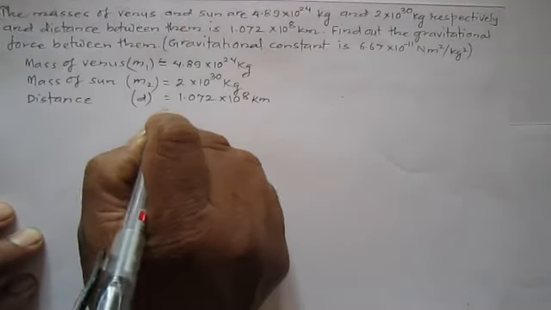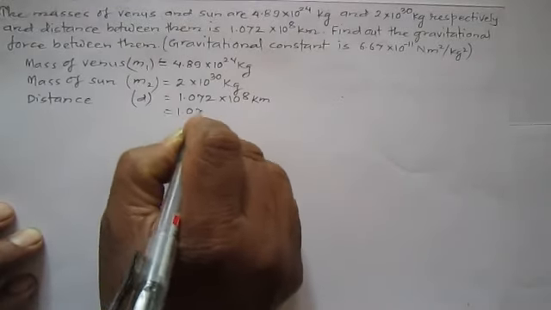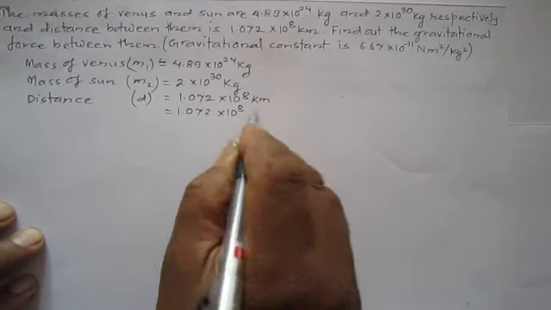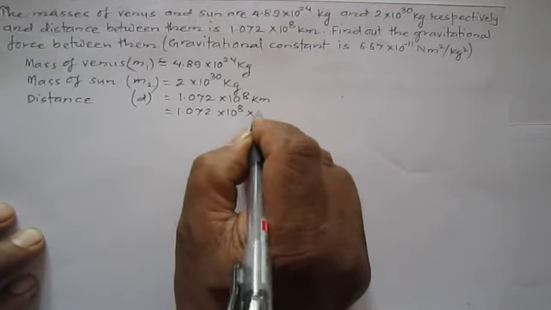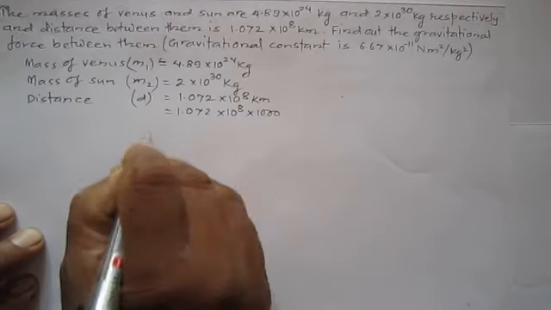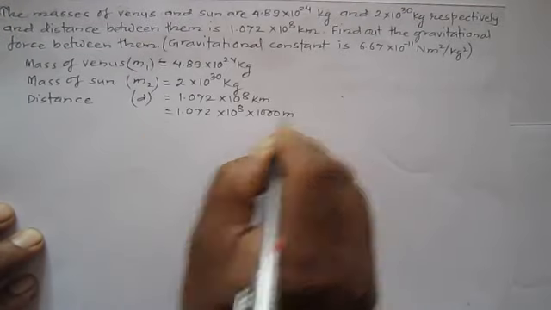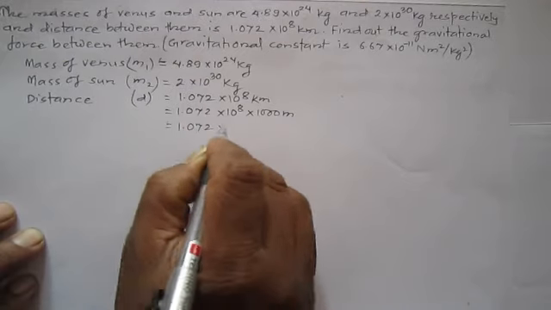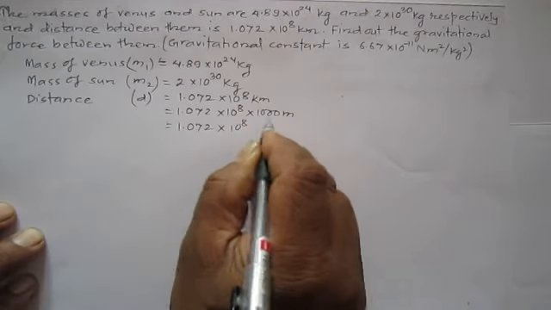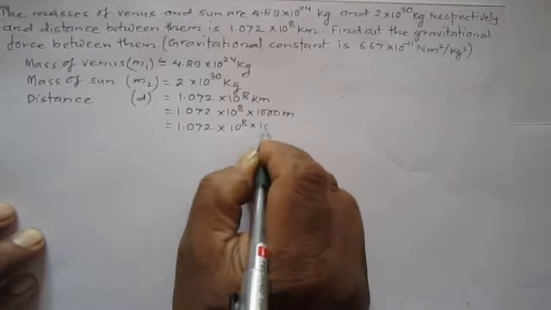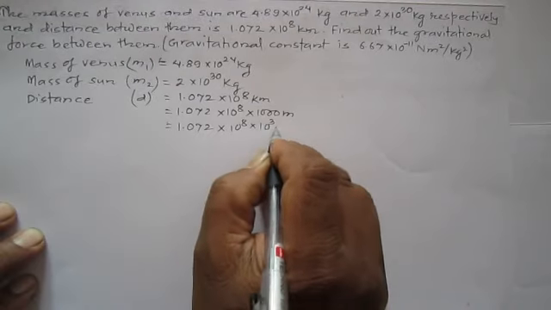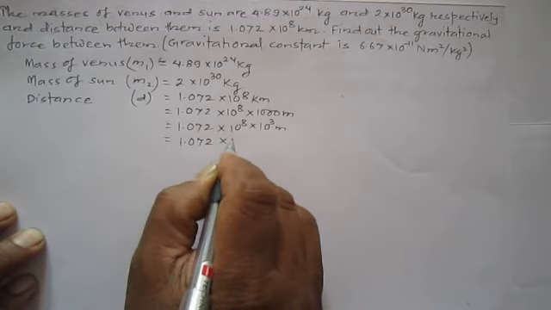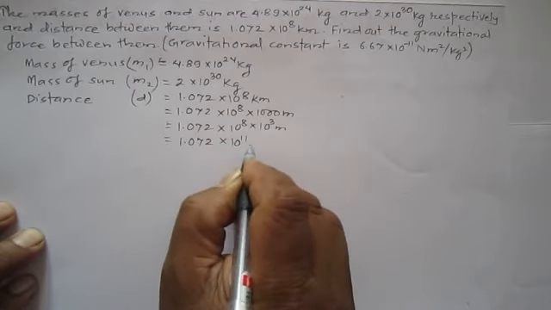So I am converting it into meters. Kilometer can be converted into meter by multiplying by 1000. Now this is equal to 1.072 into 10 to the power 8 and this 1000 is 10 to the power 3, and this is equal to 1.072 into 10 to the power 11 meter.